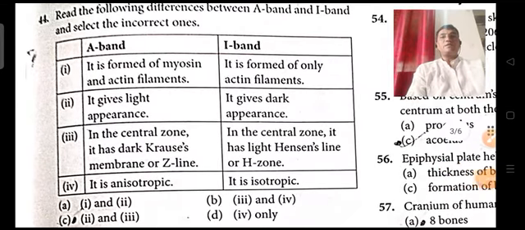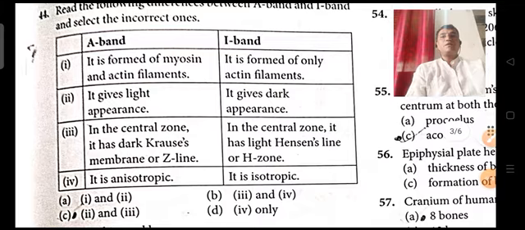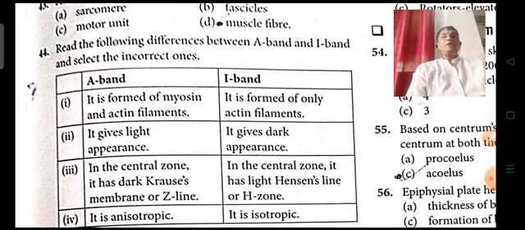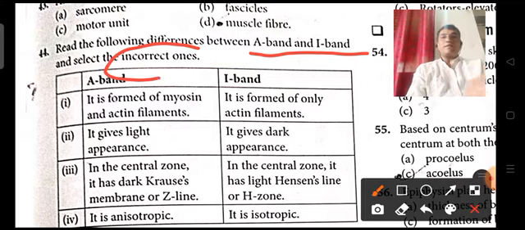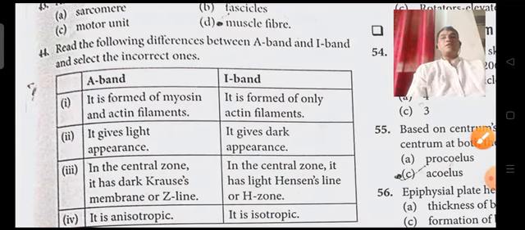Here you are seeing A band and I band. In this you need to find out only the A band and I band and select the incorrect statements. It is formed of myosin and actin filaments. It is formed of only actin filaments.